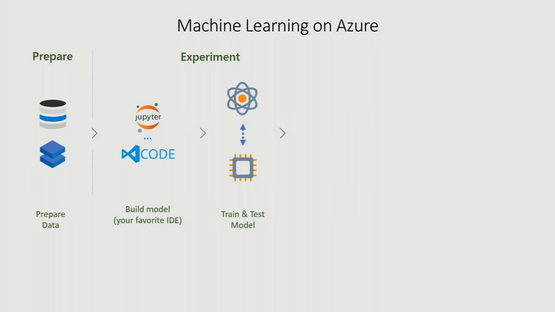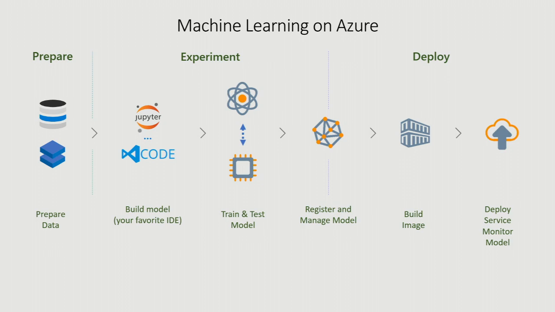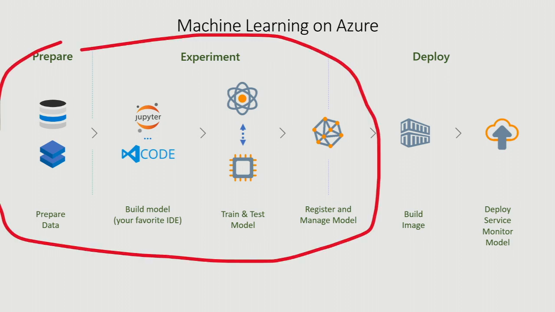And that is part of this train and test models. And then from there, we also provide the infrastructure for deployment. In this session, we're going to be talking about the preparation and experimentation tools, and we're going to go deeper into what those look like. And in the next session, we're going to go into a lot more technical depth, and we're going to focus on the deployment story.